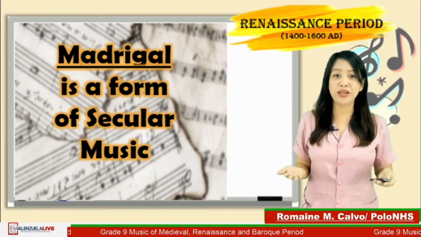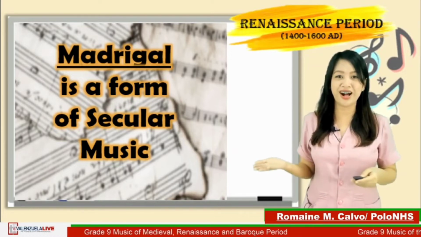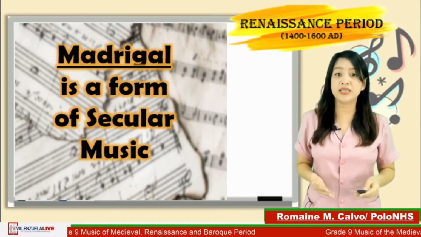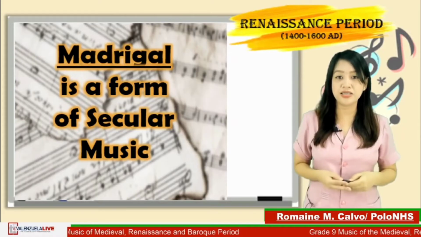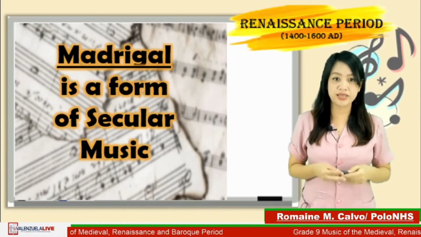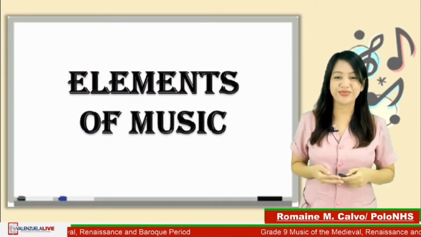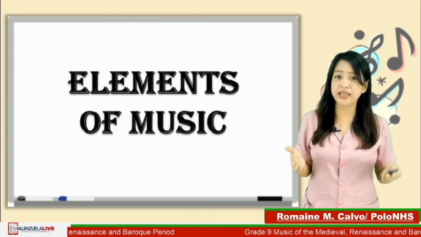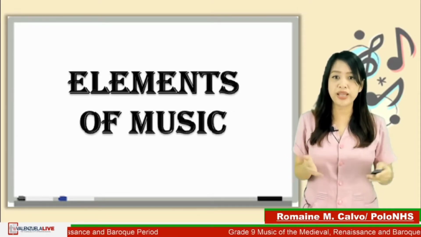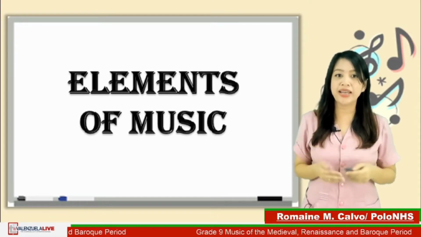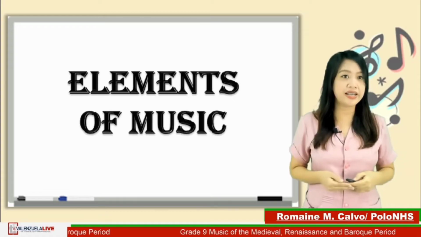Now that you are familiar with the history of medieval, Renaissance, and Baroque music, we will determine the characteristics of the music by describing its musical elements. But before that, it is important to review the elements of music for you to be able to analyze the music in the listening activity.